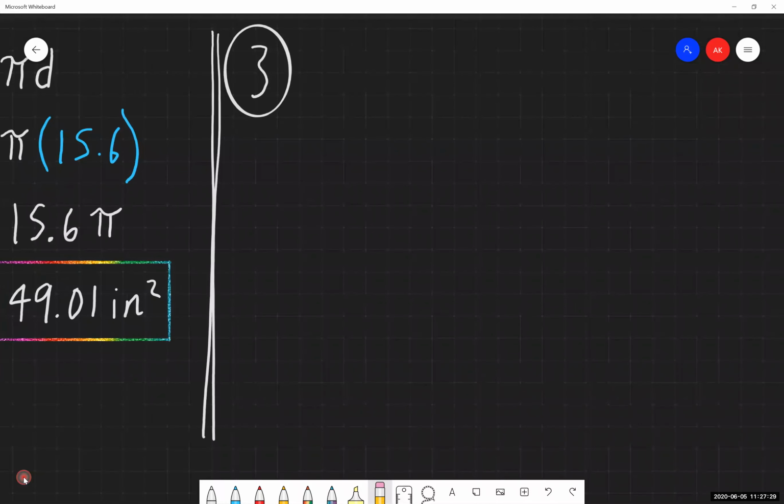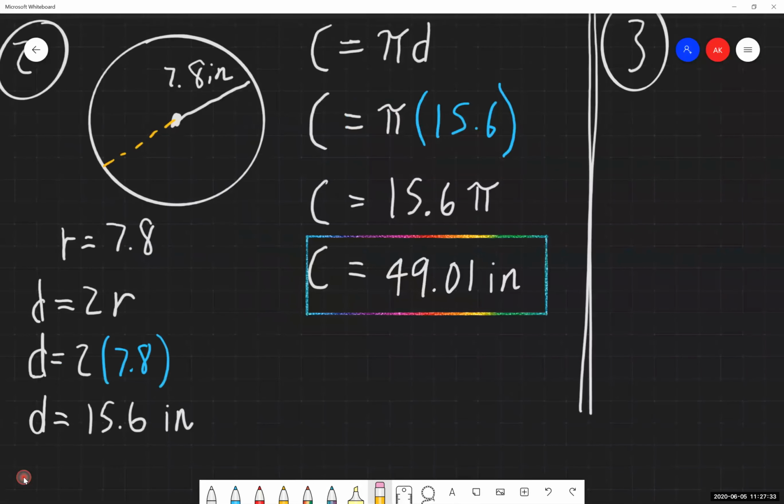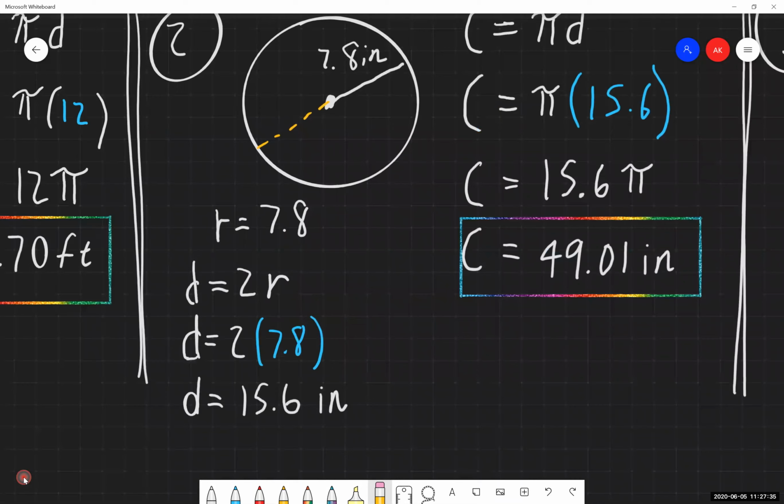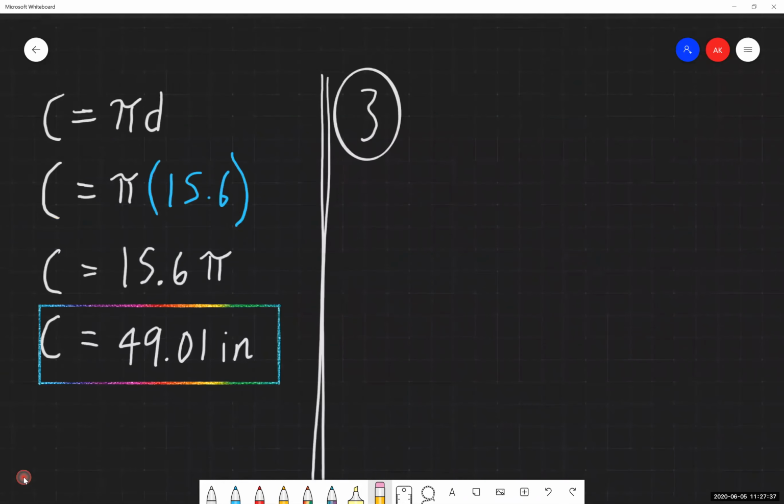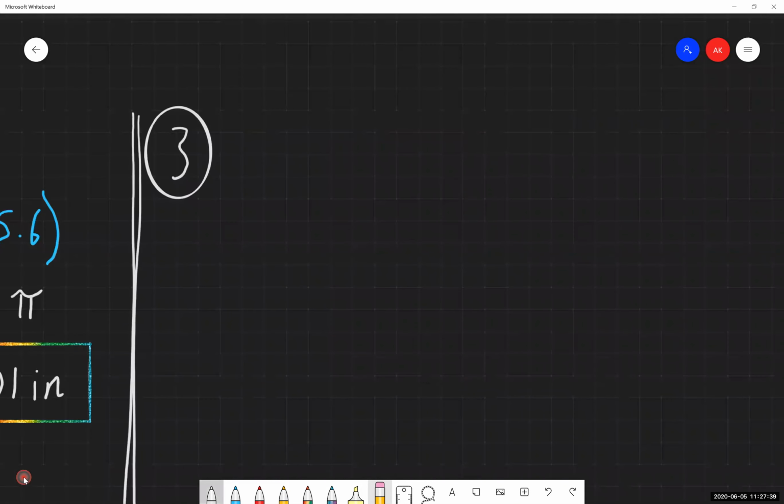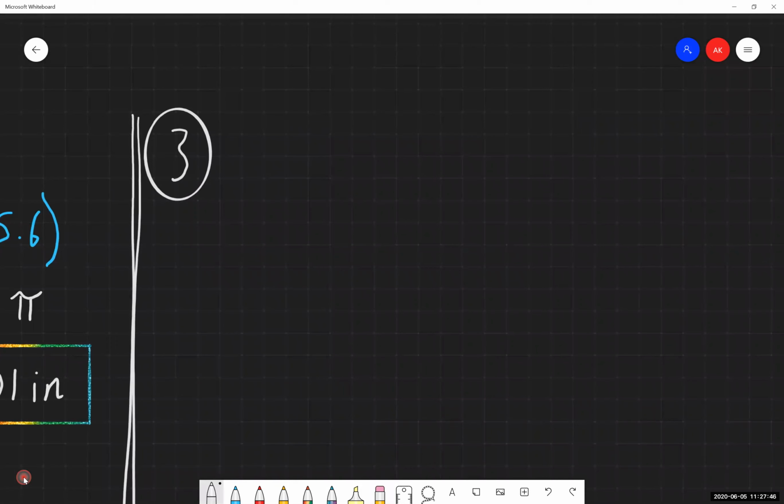Actually, we're just working with circumference, so we don't need the square in here. So that's a mistake on my part. Okay, so we have been told, again, we're finding the diameter of a circle with a circumference of 147.58 meters.